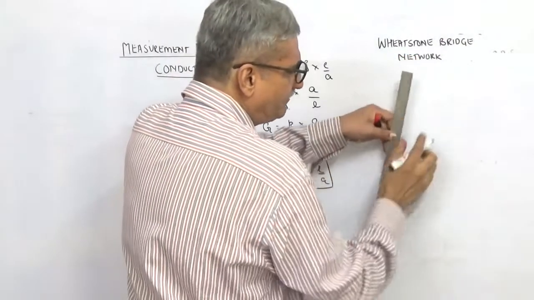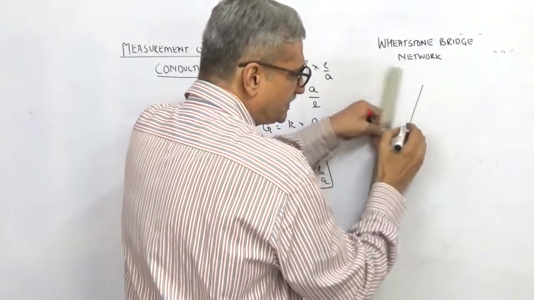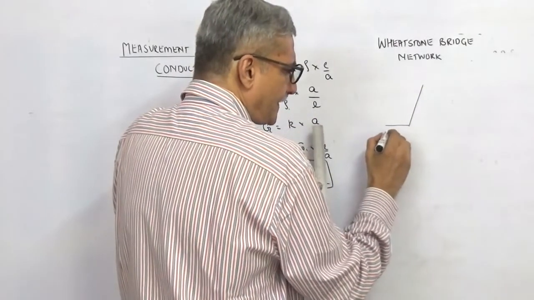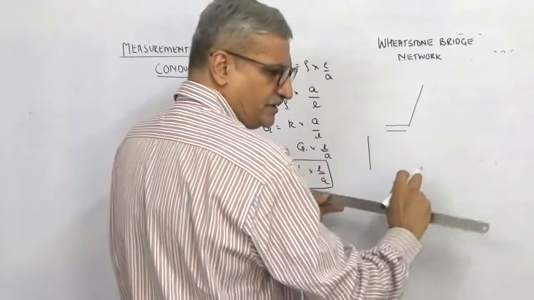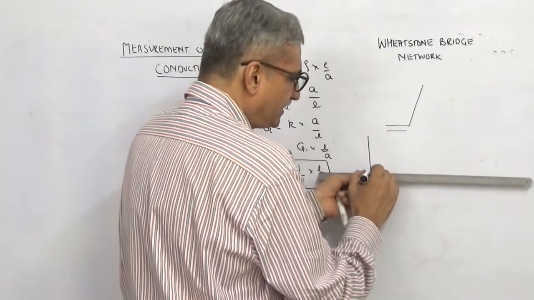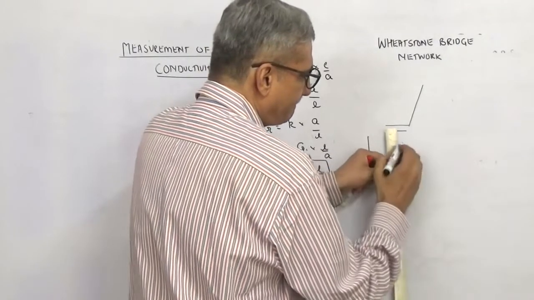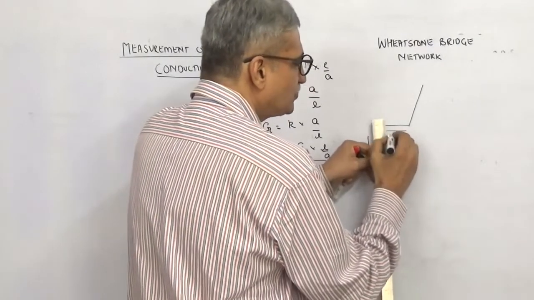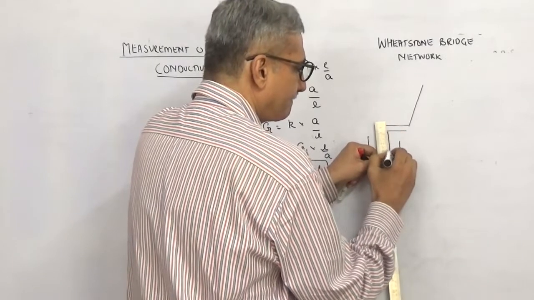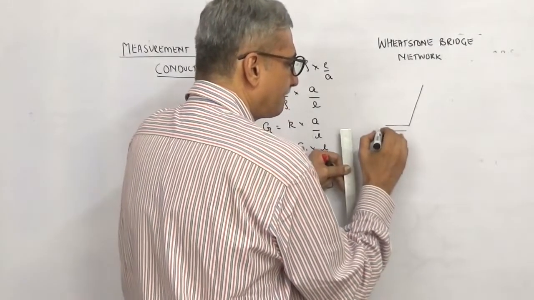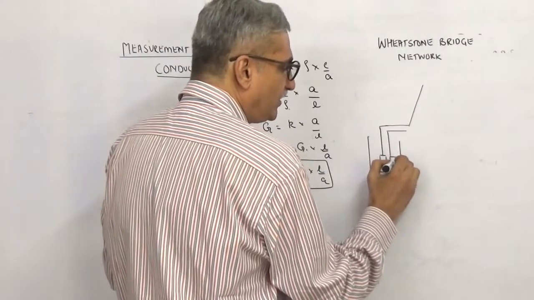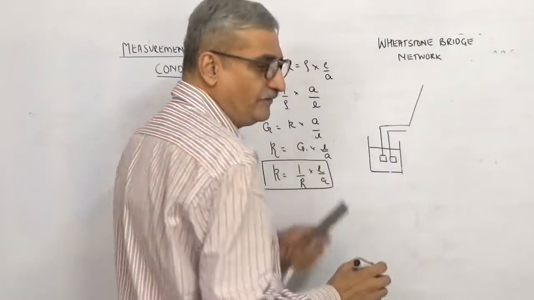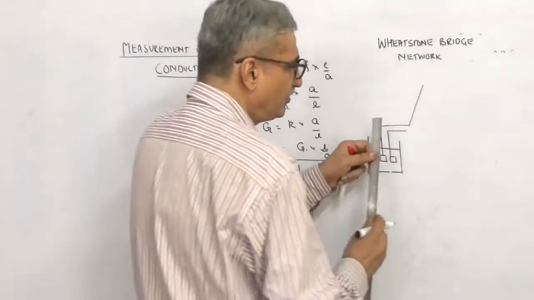What happens in the Wheatstone bridge network is, on one arm we have connected the conductivity cell with a suitable electrolyte. And what are we going to find for that electrolyte? We are going to measure the resistance. How are we going to measure the resistance?